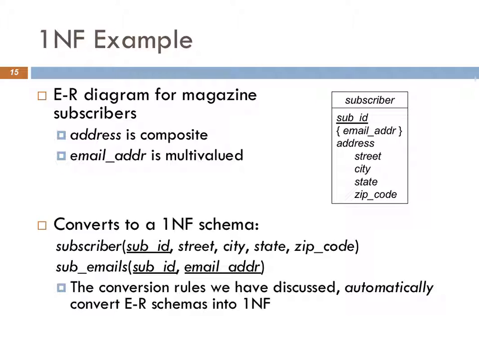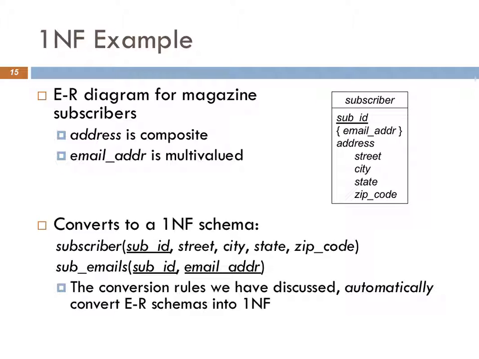But the fact that a particular subscriber has a set of email addresses, not a multi-set of email addresses, is enforced by a key constraint on that table. Everybody got that? So that's the important detail. All right, any questions?